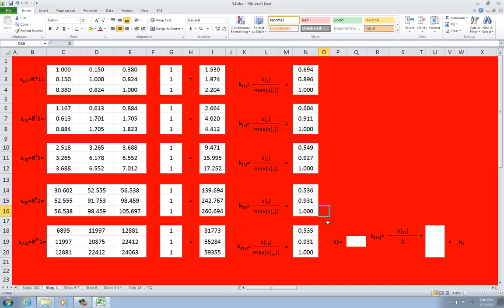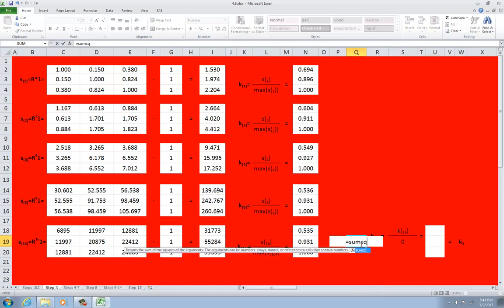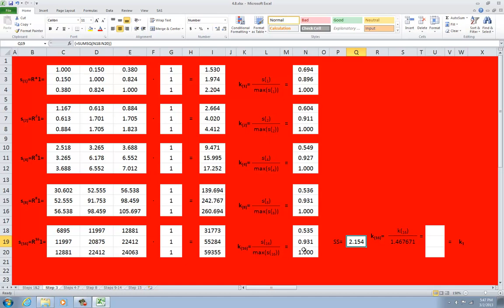In this case, the sum of squares can be found using SUM SQ, and then we highlight this vector. And we find the sum of squares is 2.154.